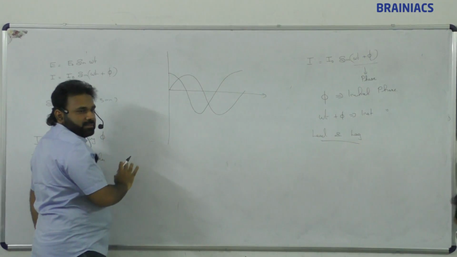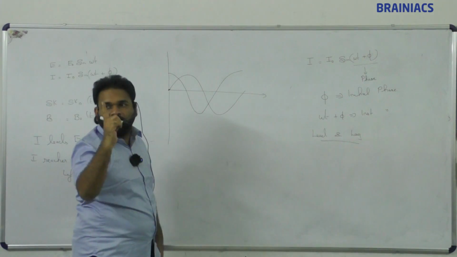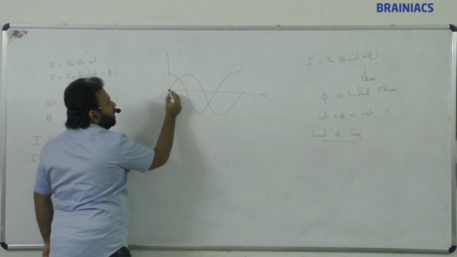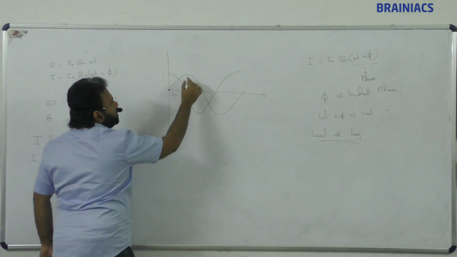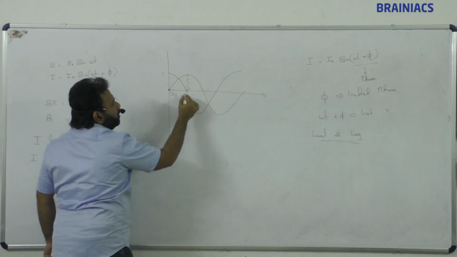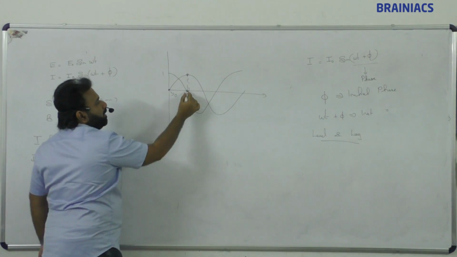Here cos 0 is equal to what? 1, so here it is 1. Sin 0 is what? 0. Correct? Same way for everything. This is sin pi by 2 is 1.